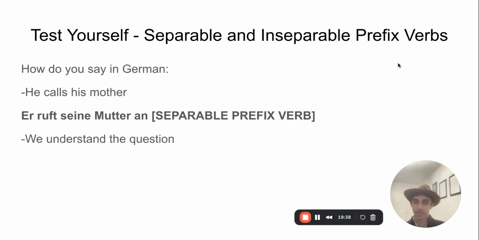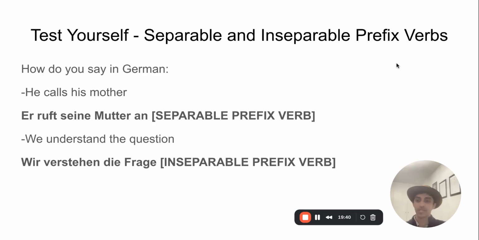Let's go through this too then. So this answer would be wir verstehen die Frage. This is an inseparable prefix verb. So verstehen, to understand, very common verb, of course, an important one for GCSE. That is an inseparable prefix verb. The prefix is ver, that is always an inseparable prefix.